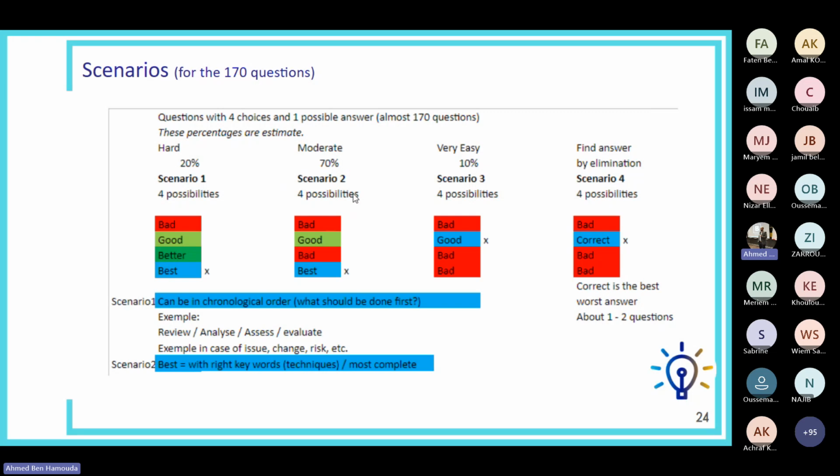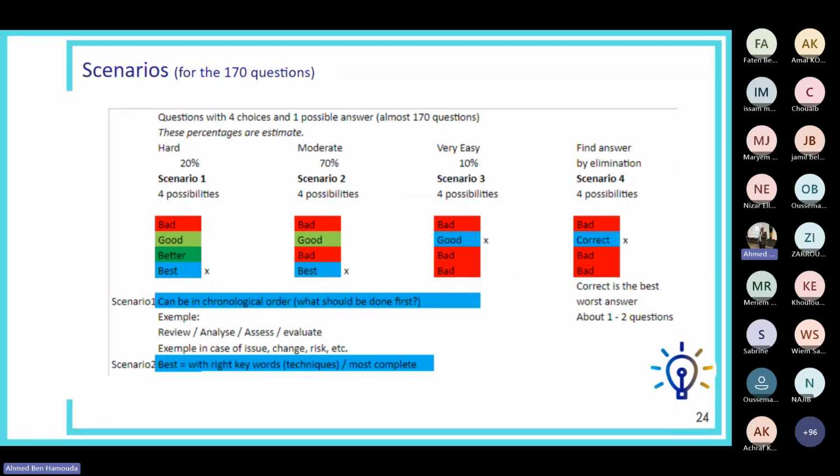Usually in scenario two, you have one question with four choices, and usually you can eliminate two answers using the elimination techniques, which we will see in a while, based on different words in those answers. In the tips and tricks version one, we had like 10 words or 10 possible answers that you can eliminate.